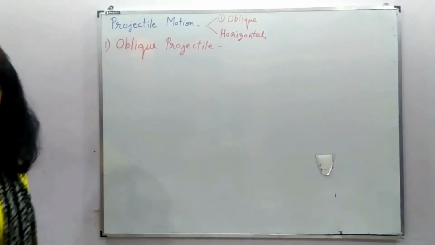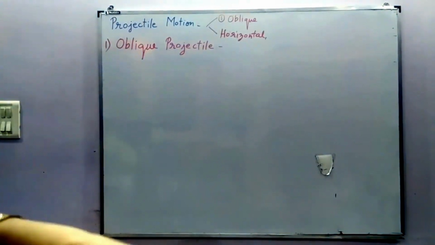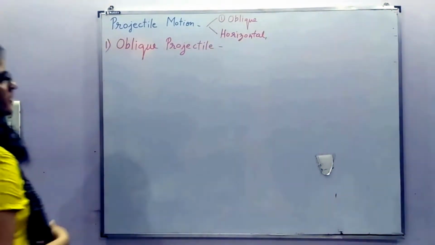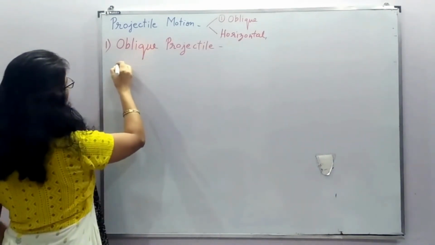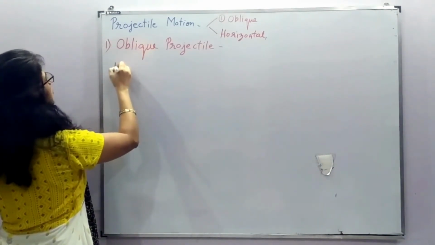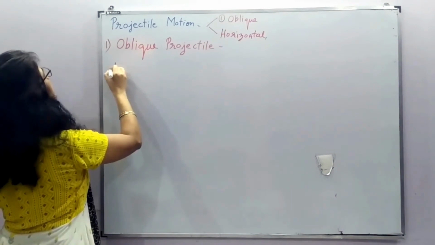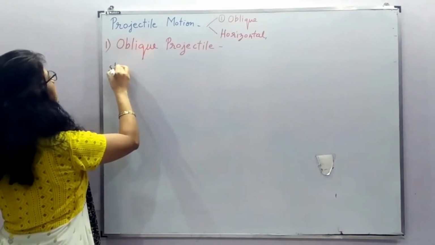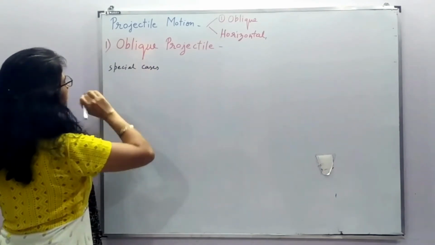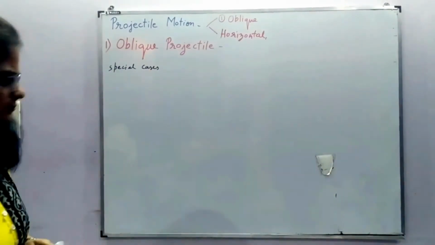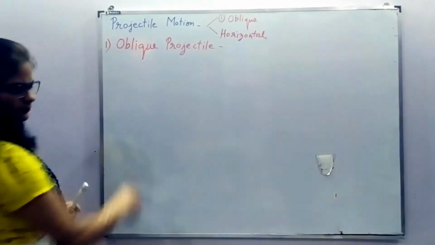So first is that the sum of the angles for which the range is same is complementary, right? You can say special cases, or you can say important note. Better to write important note.